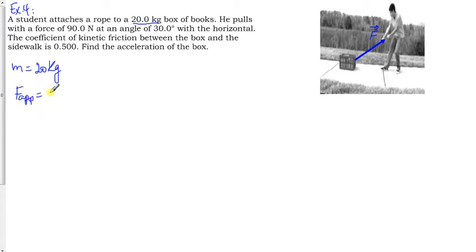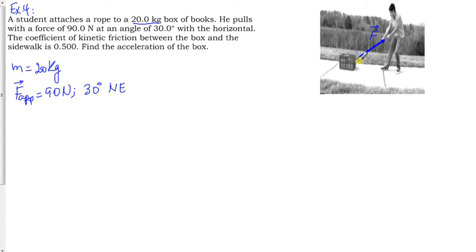So he is pulling with this force. This is F. This force, according to the question, is 90 Newton. So F applied is equal to 90 Newton. But it makes an angle of 30 degrees with the horizontal. So 30 degrees northeast.